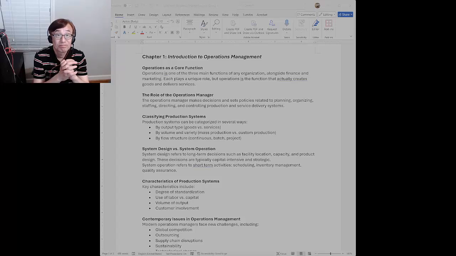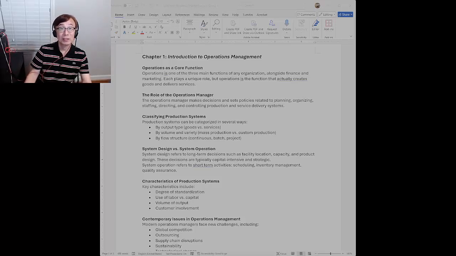Whereas some custom-made businesses, like custom-made cabinets, cabinet makers, right? They build something unique to customer specification rather than manufacturing a mass number of products, right? So depending on how you categorize, you can put it into different production systems.